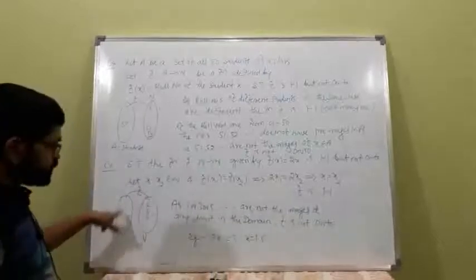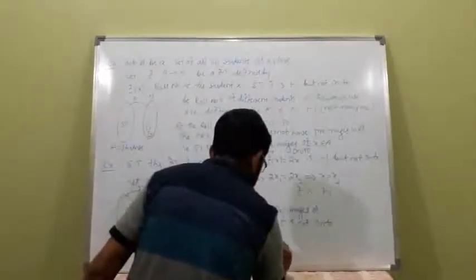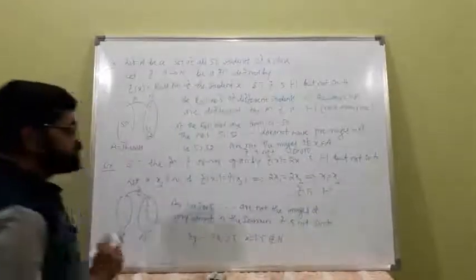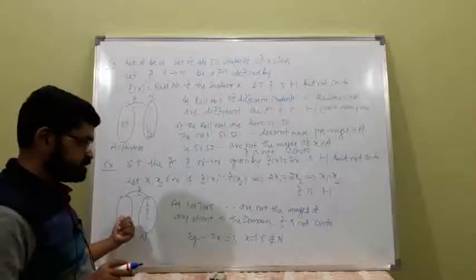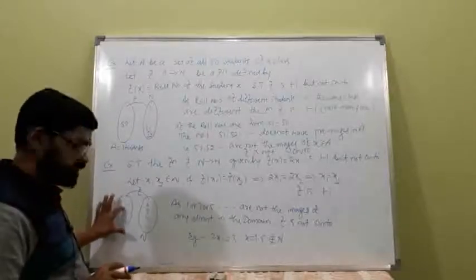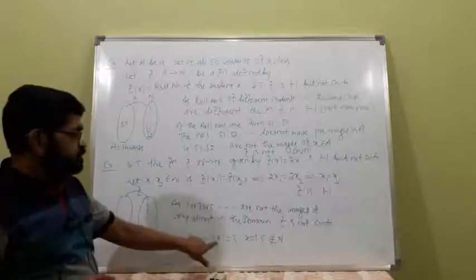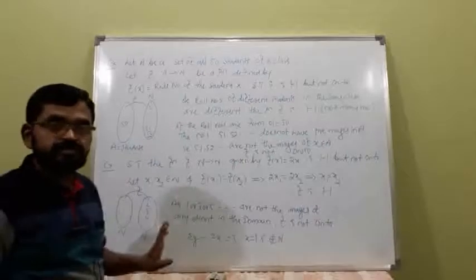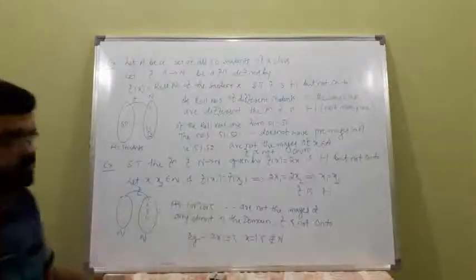This does not belong to the set of natural numbers. So there does not exist any x, in other words, there does not exist any x such that f(x) is equal to an odd number. Now take this.